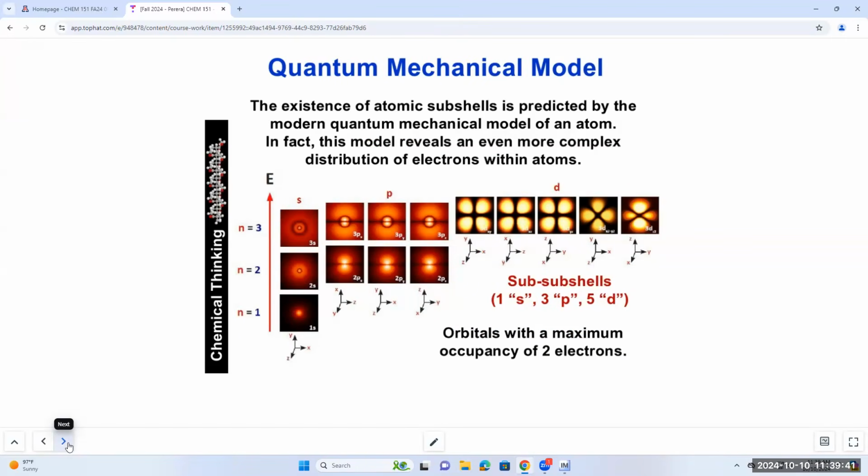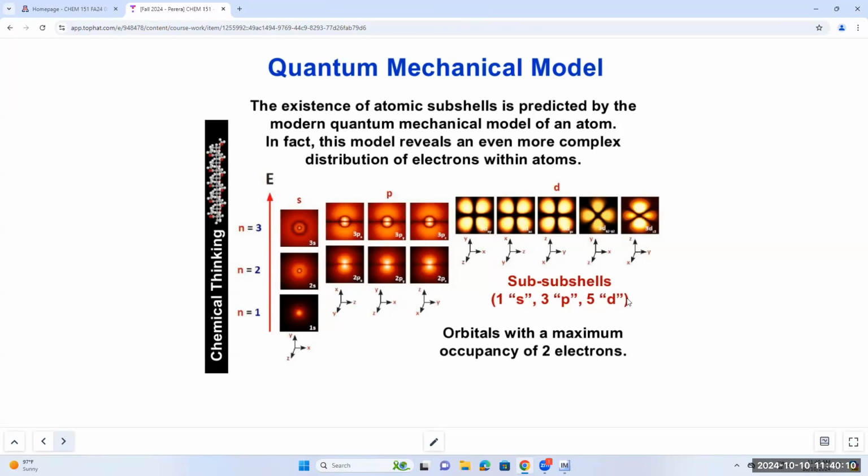And according to that, get this, subshells further split into sub-subshells. I did not make this up. It is on my slide. Look at this. For example, the P subshell has three sub-subshells called Px, Py, and Pz, based on how they are situated in space.